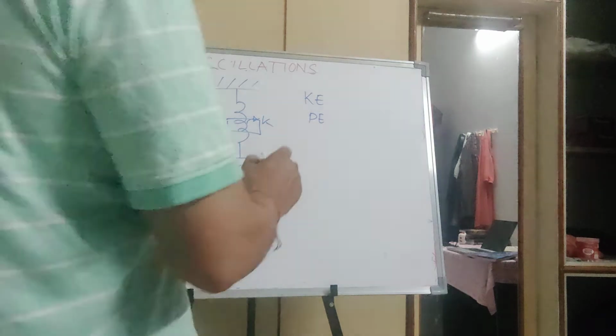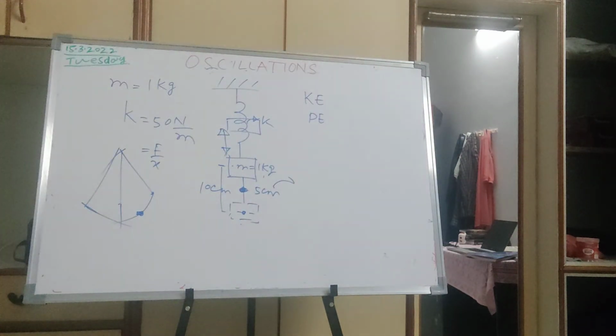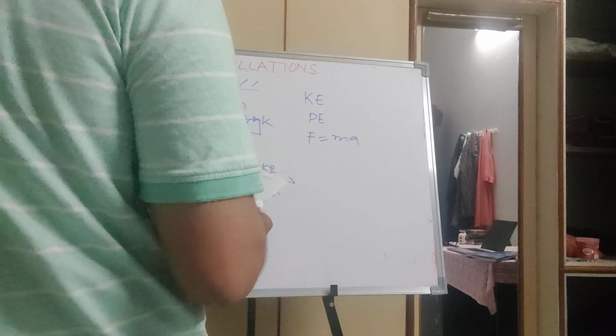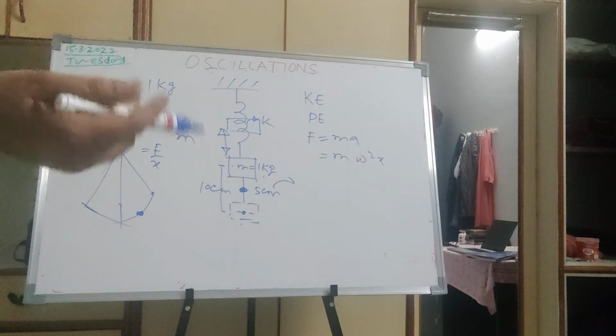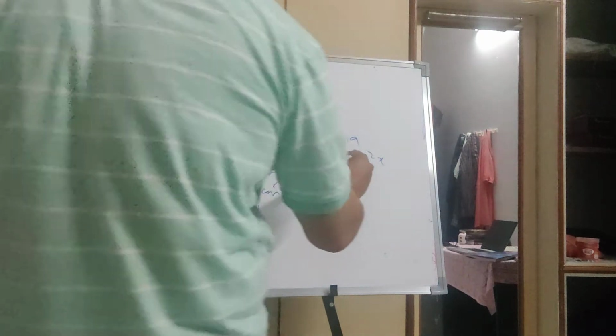In the previous derivation we equated two things and derived one expression. We have F is equal to ma, and acceleration is omega square x, which we have studied. So F is m omega square x.